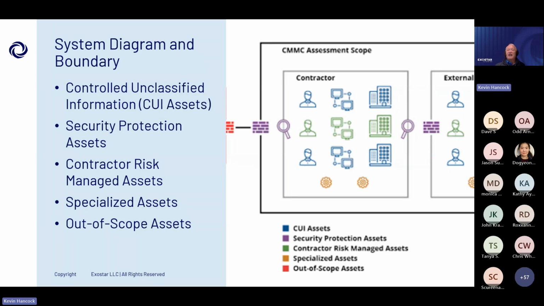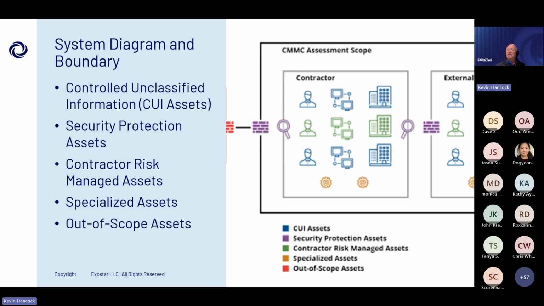You may have things that are out of scope. You may have some specialized assets, CNC machines, CAD systems, etc., that don't necessarily manipulate the information or the information isn't stored there, but it may be on there periodically. You may have some additional controls around that kind of system, etc. So just account for all those things.